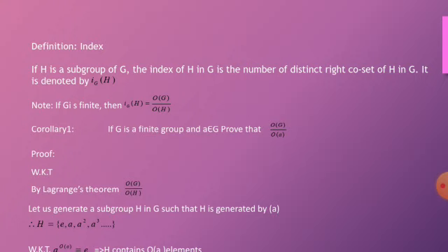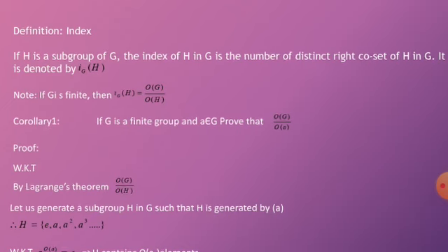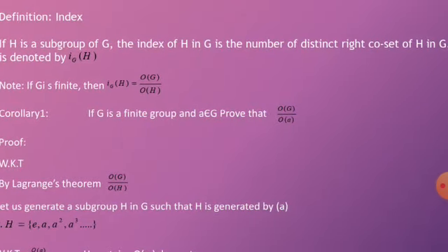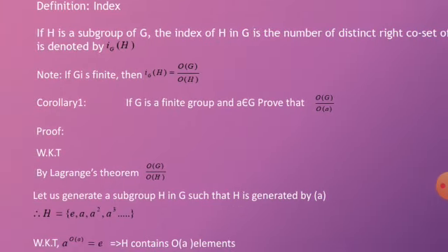Now let us see a corollary depending on these definitions. If G is a finite group and a belongs to G, prove that the order of a divides the order of G. Proof. We know that by Lagrange's theorem, the order of H is a divisor of the order of G. Let us generate a subgroup H in G such that H is generated by a.